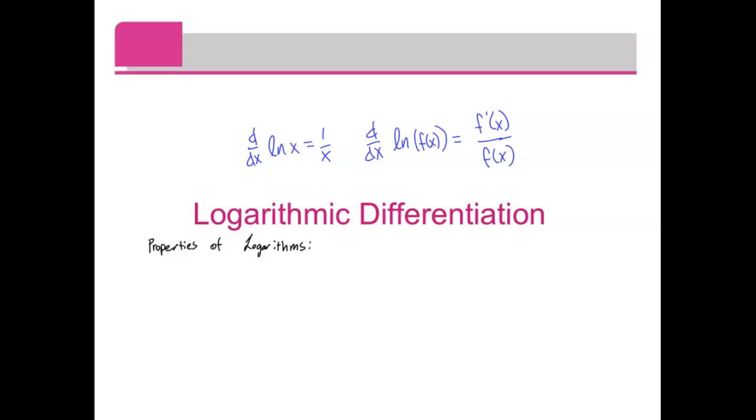I just want to remind you of them, but they derive because remember that logarithms are inverses of exponential functions. So these come from properties of exponents that we already knew. But the first one is if you have natural log of a times b, that can be expanded to natural log a plus natural log b, right?